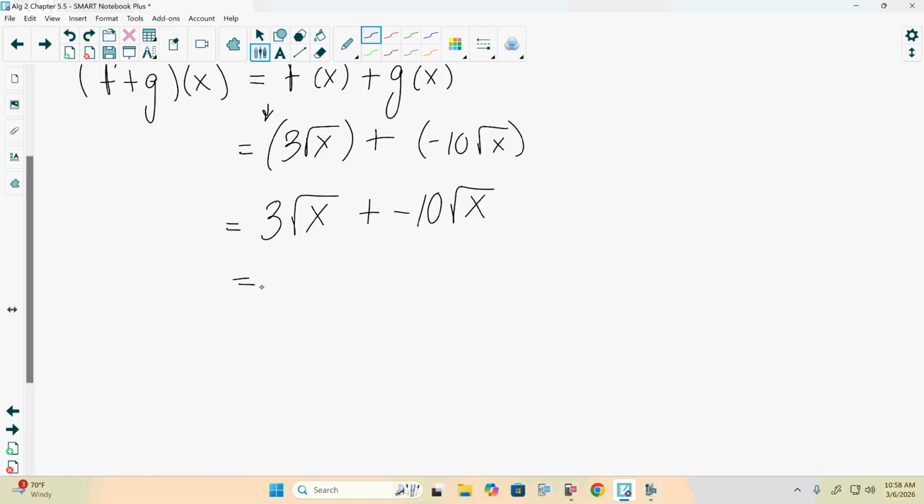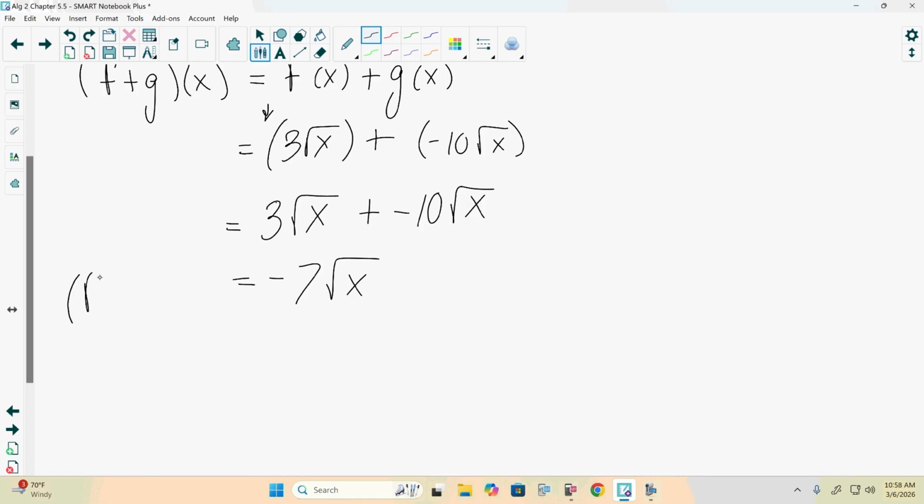Now we just need to simplify these here. Is the radical the square, because they're both square roots, yes? So that's the same. Is what's inside them the same? Yeah. So what I'm saying is I have 3 of them, and I'm adding negative 10 of them. Or we're really doing what? 3 minus 10, which is negative 7 square roots of x.